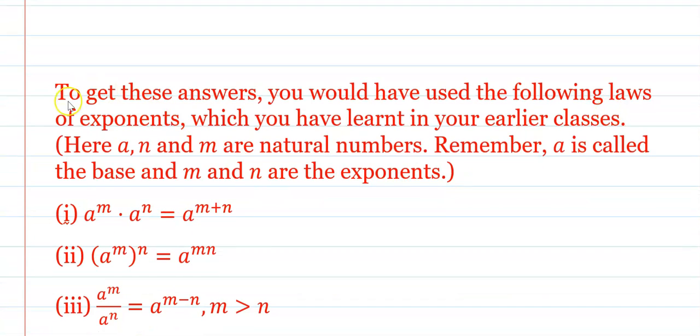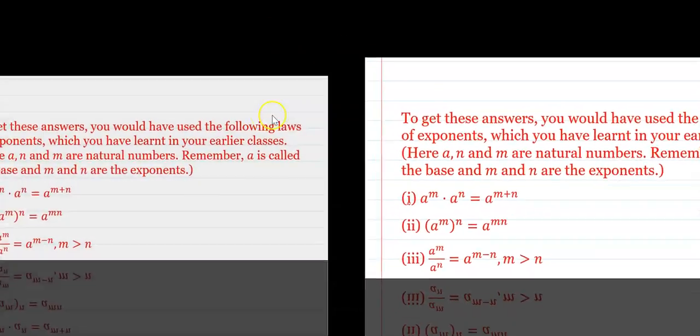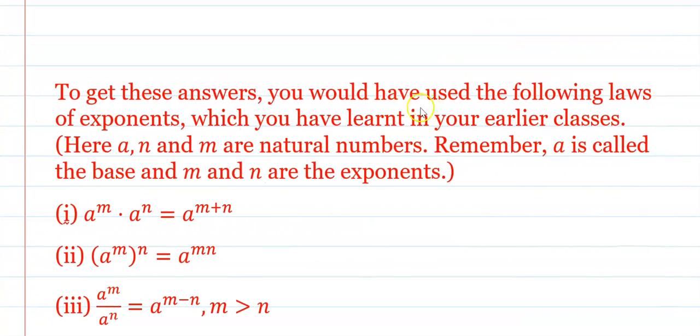Okay, now to get these answers you would have used the following laws of exponent, which you have learned in your earlier classes. Here a, n and m are natural numbers. Remember that a is the base and m and n are the exponents.